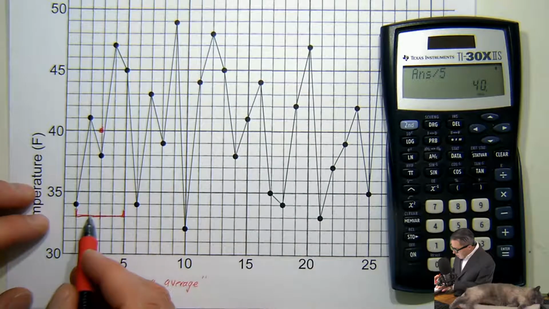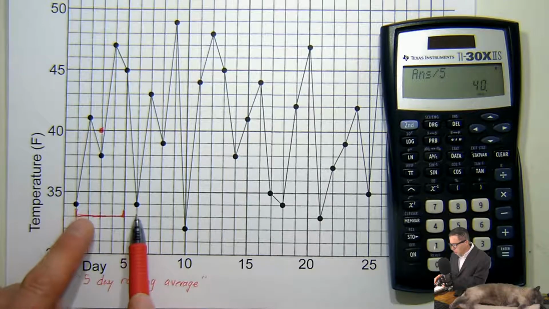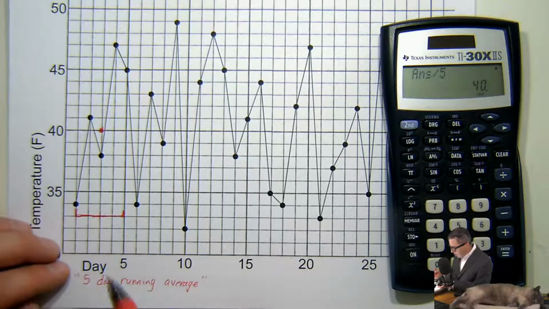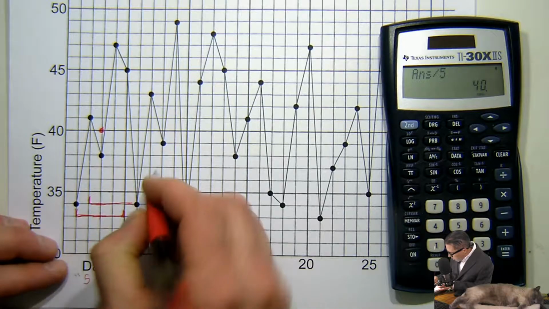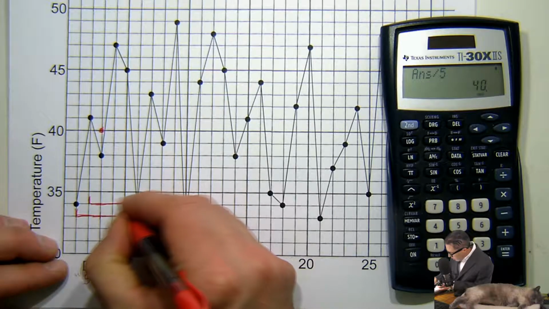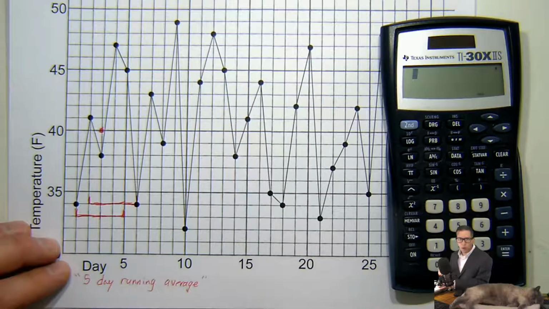Okay, so now I'm going to take this window, and here's the key. I'm going to move it over 1 day. Okay, so I'm going to draw another one right here. Here's my new window. Okay, so I just shifted it over one day. And I'm going to calculate the whole thing.